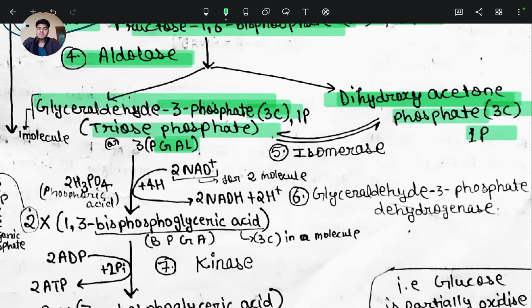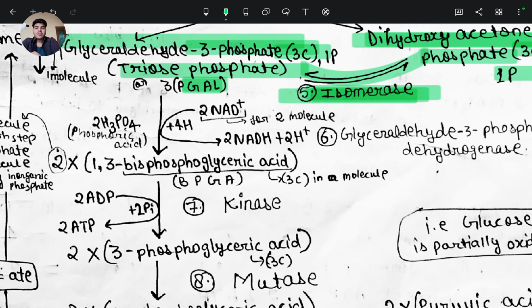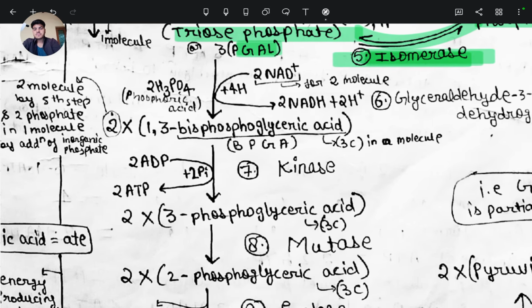Now at the fifth step, an enzyme comes in, that is isomerase. Both these molecules are interconvertible into one another. Now at the sixth step, the reaction continues, and dihydroxyacetone phosphate is also converted into glyceraldehyde 3 phosphate, to form two molecules of glyceraldehyde 3 phosphate.